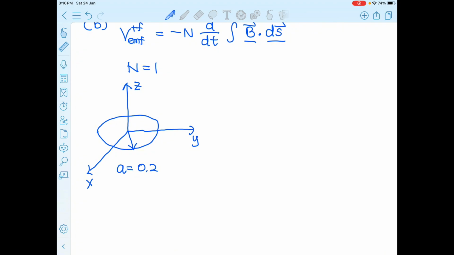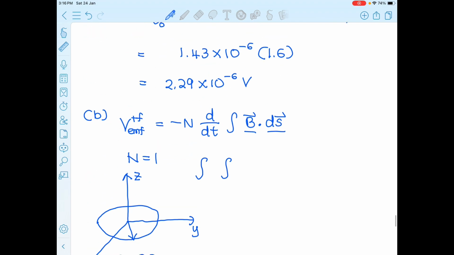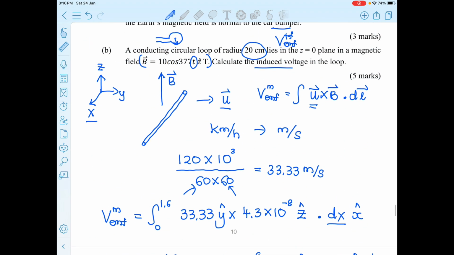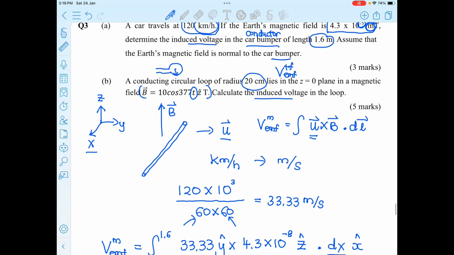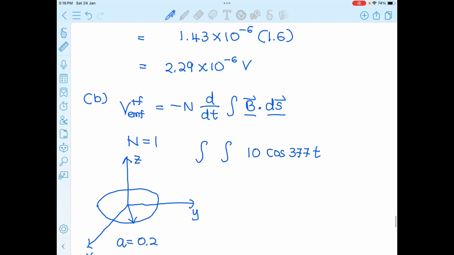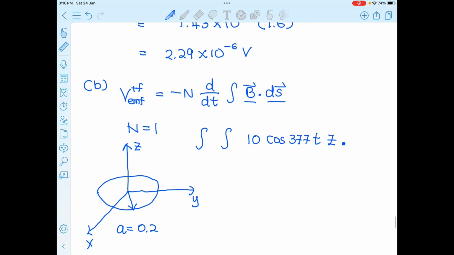When we come to these integrations, our B we can put here. Our B is 10 cos 377t in the Z direction, and dot product with the area of the loop.